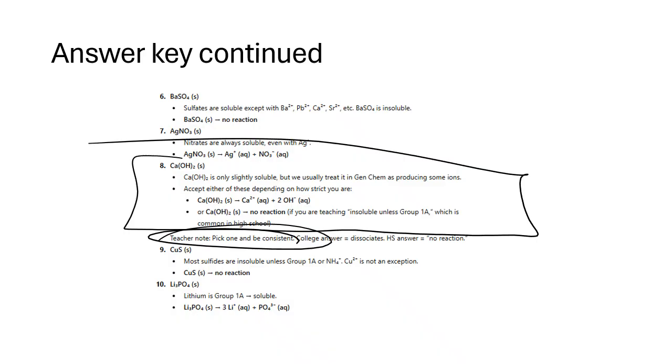And so I'll be consistent in the fact I won't give you one that's slightly soluble. If you do take Chem 2, you'll get what I mean. I'll do these demonstrations in class.